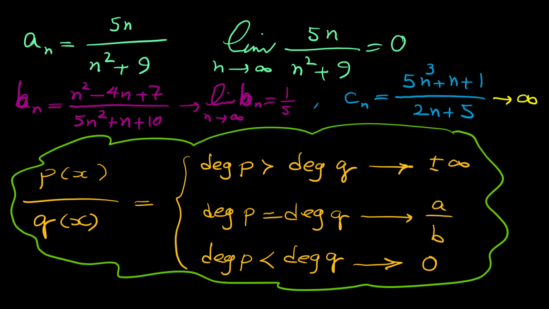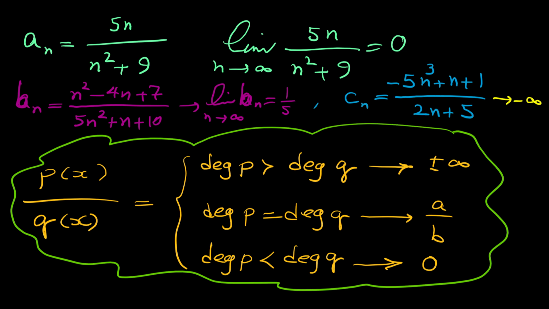But let's say this example was negative 5n to the 3. Then the limit of this sequence would be negative infinity, because negative 5 divided by 2 would be negative at the end. So the limit is negative infinity. Now what about if we had a negative also here? Then when we divide negative 5 by negative 2, negative with negative cancel, this would be positive.